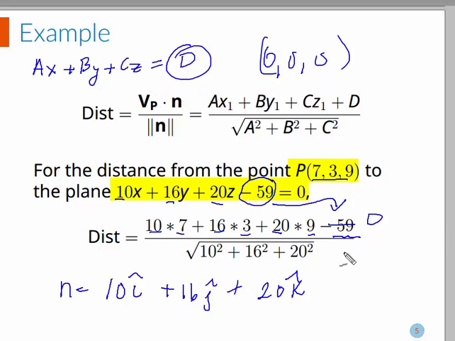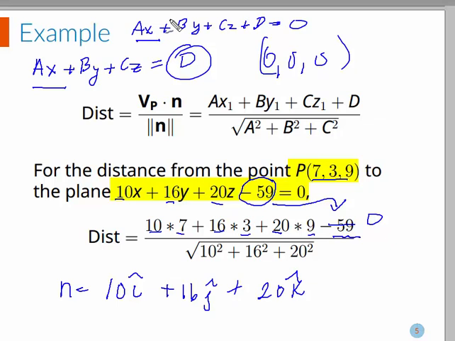Because the way this is written here presupposes that you've written the equation for the plane as ax plus by plus cz plus d equals 0. You'll see it written both ways. I think Stewart writes it like this, and Thomas writes it like this. For example, those two textbooks differ on how they write it.